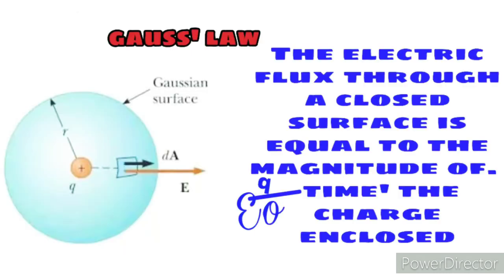For application of Gauss law, we must know what Gauss law is. Although we learned it in class 11th, do you remember the statement of Gauss law? Yes. It states that the total electric flux through a closed surface is equal to 1 upon epsilon times the magnitude of the charge enclosed.